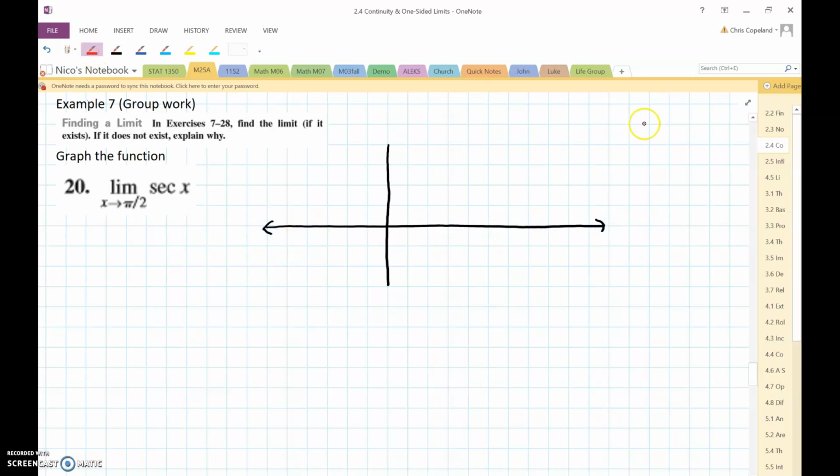Okay, we know there's a relationship between y equals cosine of x and y sub 2 equals secant x. Let's graph cosine of x first, and then we will show you how it relates to secant of x.